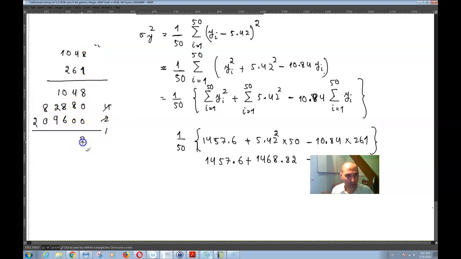So then you have an 8 over here. You have 12 over here, and 1. 14 and 15, 1. And 4 plus 9 is equal to 13, 1. That's 1 plus 8 is equal to 9, and that's a 2, and 2 decimal places, I get 2935.28. So 10.48 times 261 is equal to 27, what? 2735.